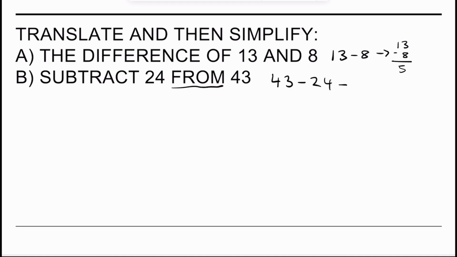And so if we just write 43 on top, 24 on bottom, then we'll see 3 minus 4, can't do that. Make that a 3, borrow the 1, 13 minus 4 is 9, 3 minus 2 is 1, and we get 19. 19 plus 24, I won't prove it, but I know that that does equal 43. So that's how we would translate and simplify those worded problems.